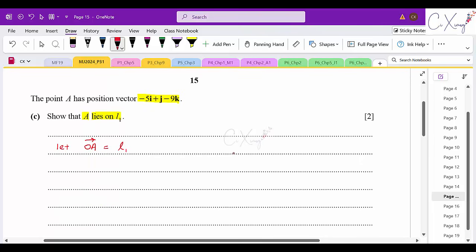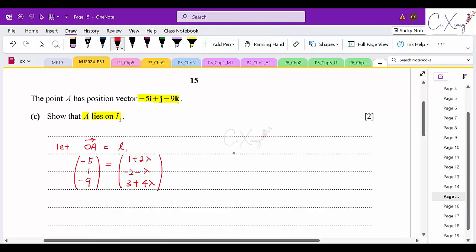So I should compare all the components in OA and also line number 1. OA is negative 5, 1, and negative 9, then equals line number 1. For line number 1, it will be 1 plus 2 lambda, then negative 2 minus lambda, then 3 plus 4 lambda.